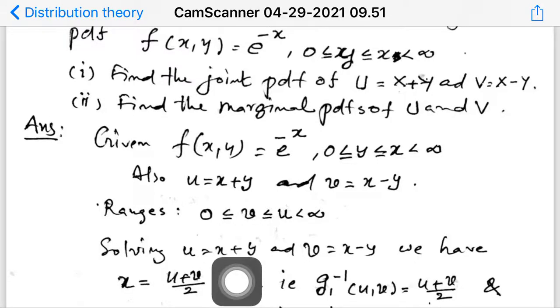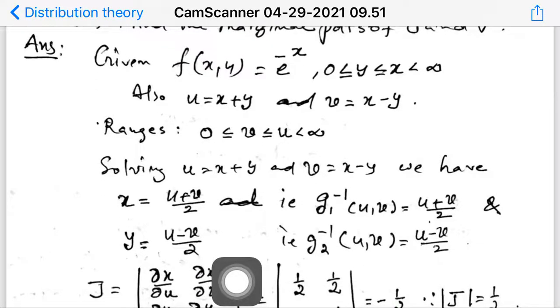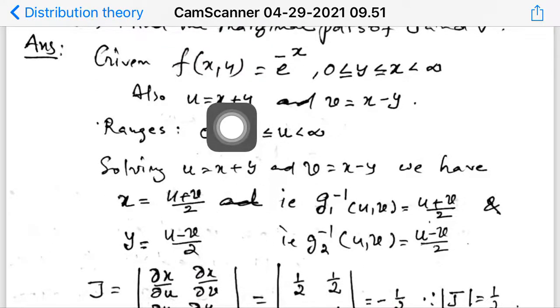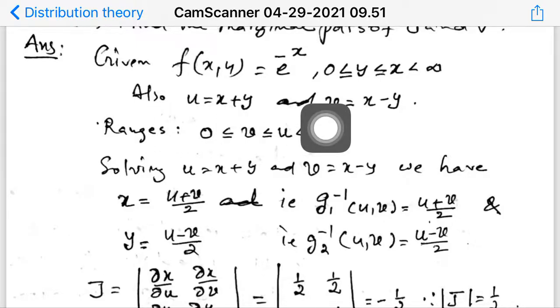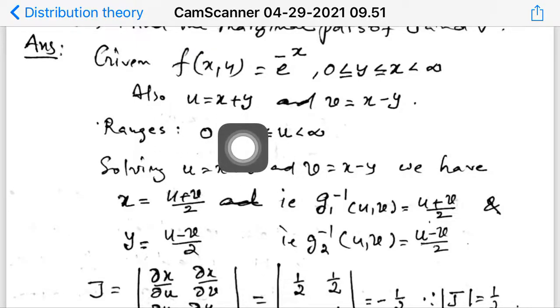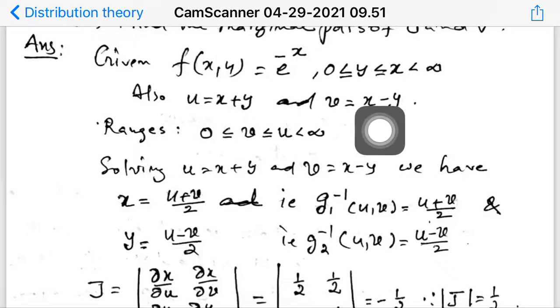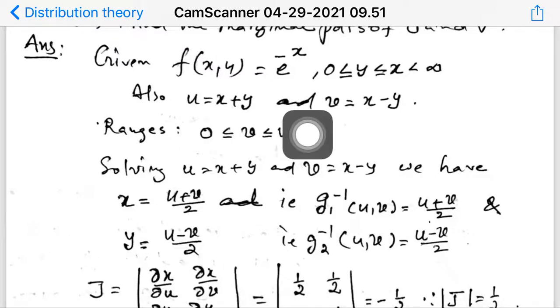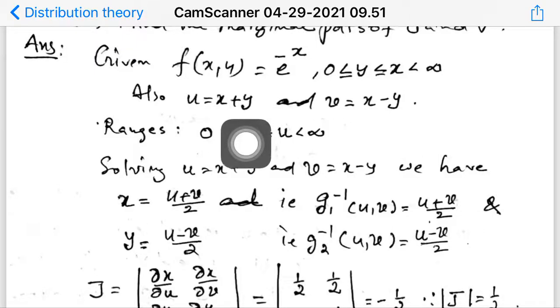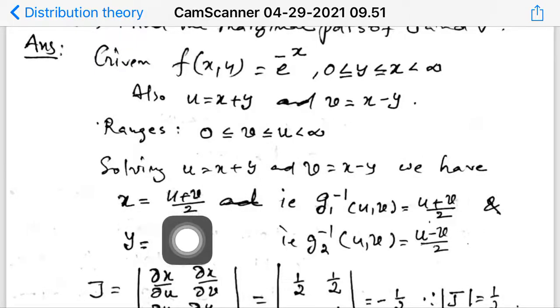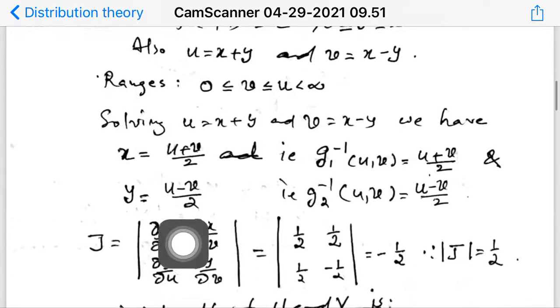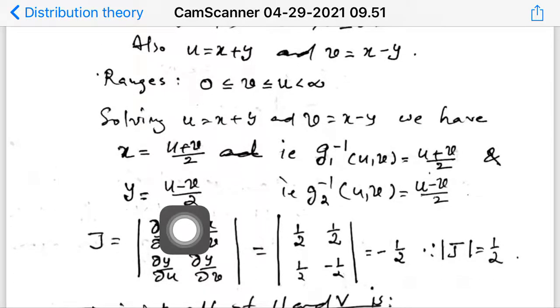Next, you have to explicitly express x and y separately in terms of u and v. For that purpose, you can utilize the two equations, u equal to x plus y and v equal to x minus y. From these two equations, you can write x is equal to (u plus v) by 2 and y is equal to (u minus v) by 2.